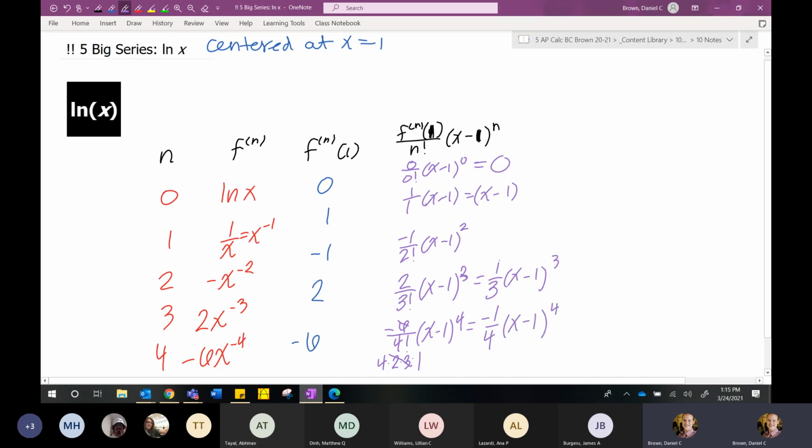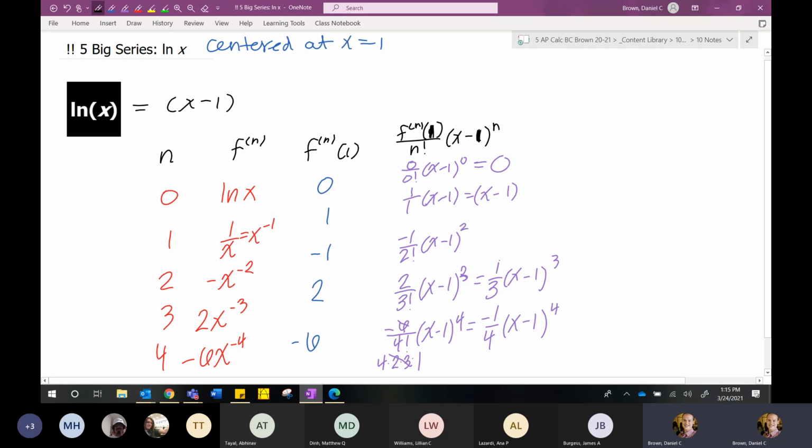If I'm looking at patterns, what do I notice is being created for the Taylor series for the natural log of x? It is alternating. So again, if I write out the terms, I think it makes it more obvious. Ignoring the 0, because it is not exciting at all. We have this x minus 1.